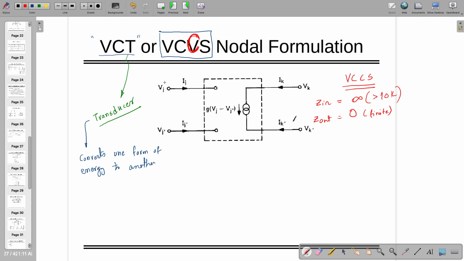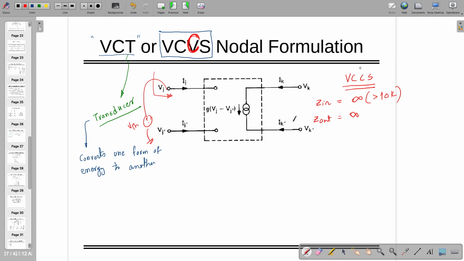So if you are looking into the system, applying the known Thevenin voltage here, what you are seeing inside, is it infinite or something else? Okay, yeah, right. So that is what we need to follow.